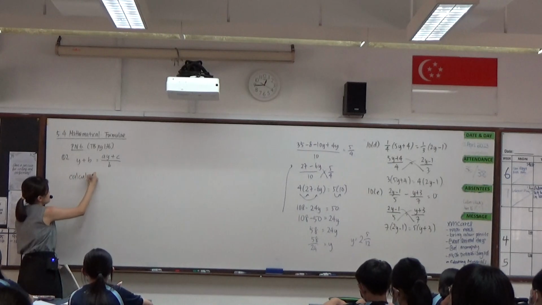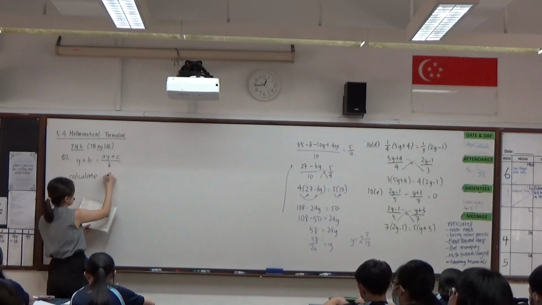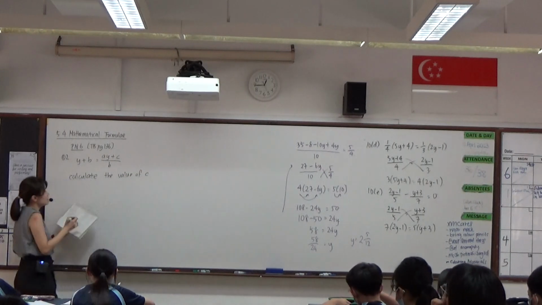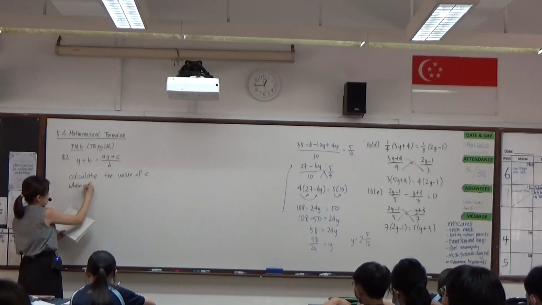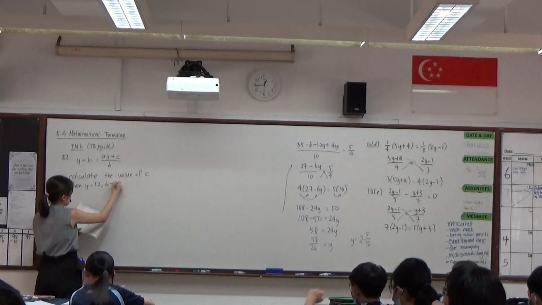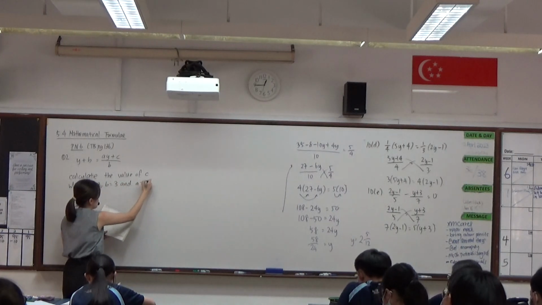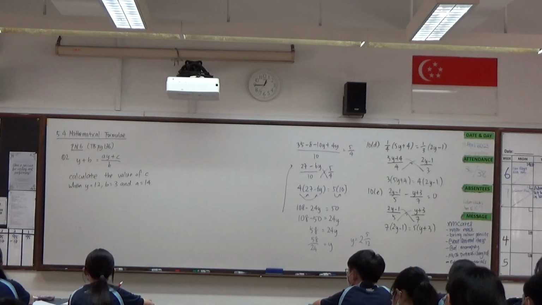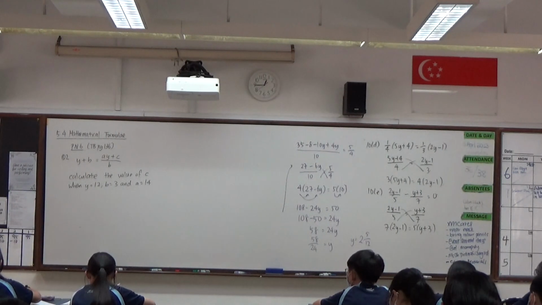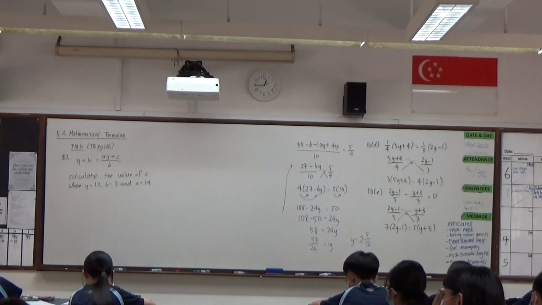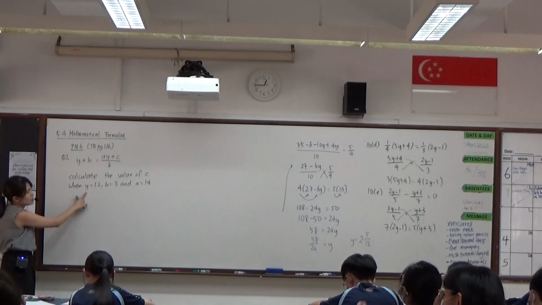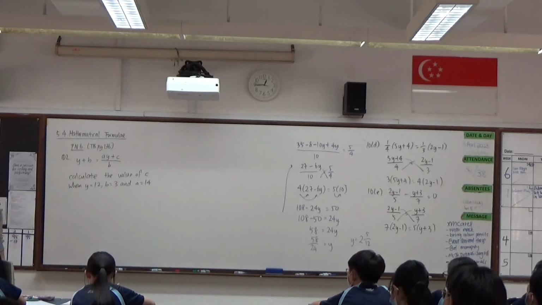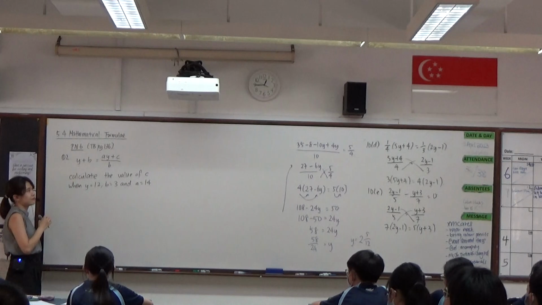The question wants us to calculate the value of c when y equals 12, b equals 3, and a equals 14. So how do we find the value of c in this case? The question already gave us the values of y, b, and a. We have learned this before. We will place them inside the formula.